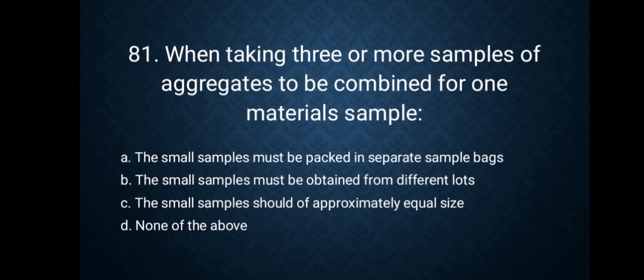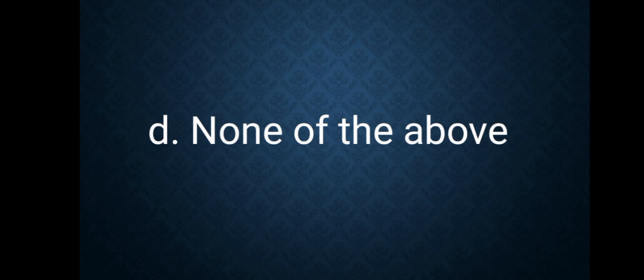Number 81. When taking 3 or more samples of aggregates to be combined for one material sample, A, the small samples must be packed in separate sample bags. B, the small samples must be obtained from different lots. C, the small samples should be of approximately equal size. D, none of the above. So the answer of that is D, none of the above.